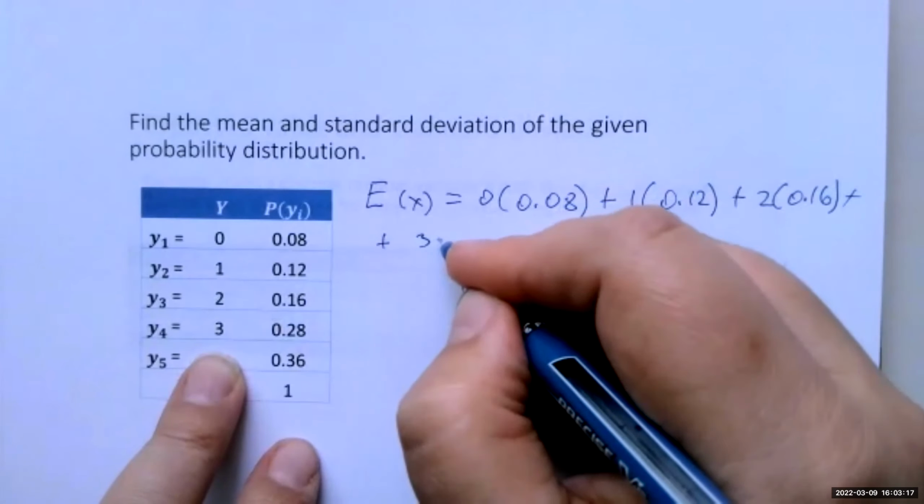Now let's find the standard deviation. Before we actually calculate the standard deviation, we're going to calculate the variance first. In order to do that, we square each value of the variable first, and multiply by the corresponding probability.